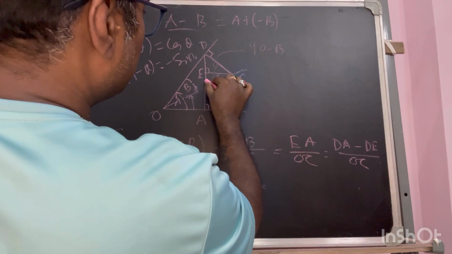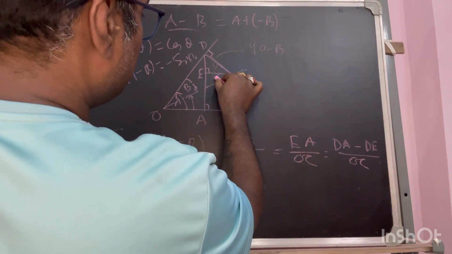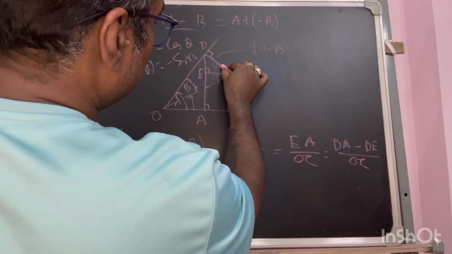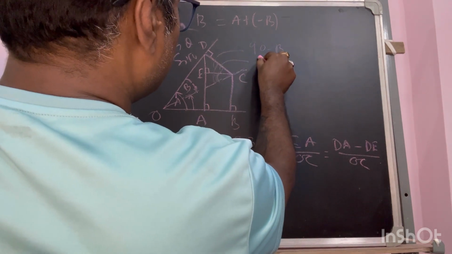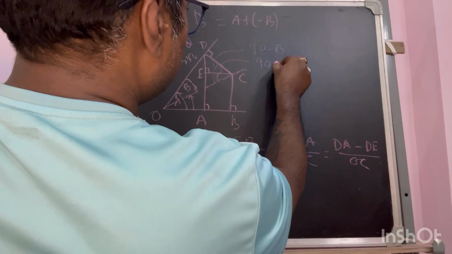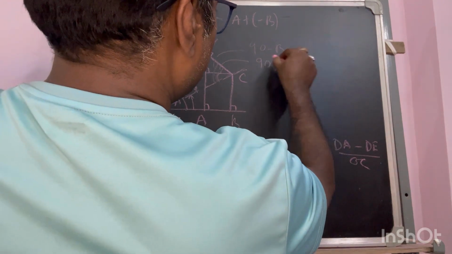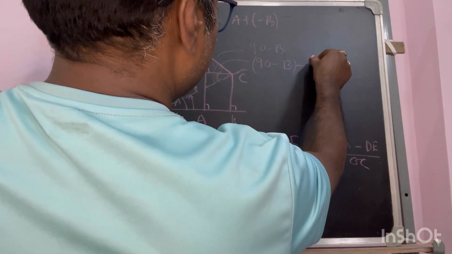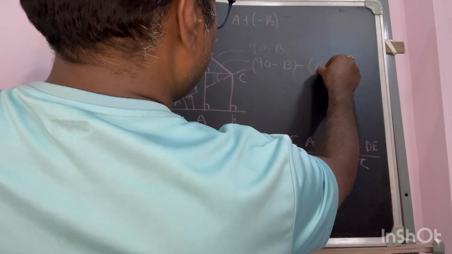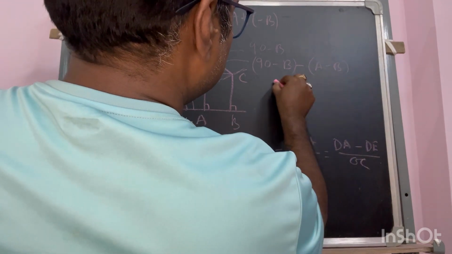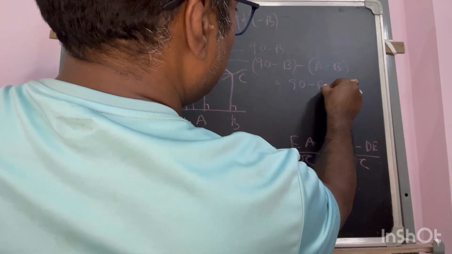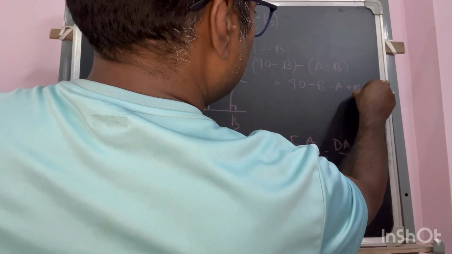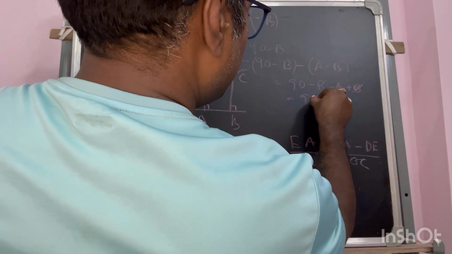This angle would be 90 minus B minus of A minus B. If I calculate it, 90 minus B minus A plus B, that means 90 minus A.